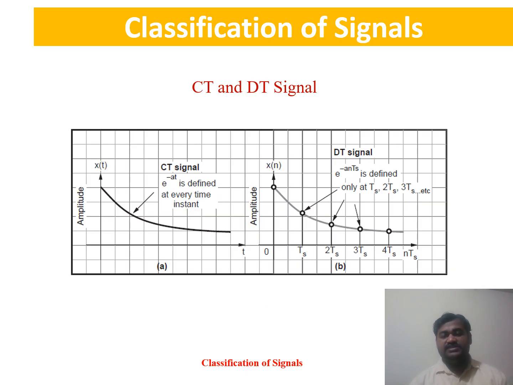In the case of a discrete time signal, it is defined for discrete instants of time. That means we are not going to record the temperature continuously. We are going to record the temperature every 6 hours or every 8 hours or every 3 hours. We can call this a discrete time signal.